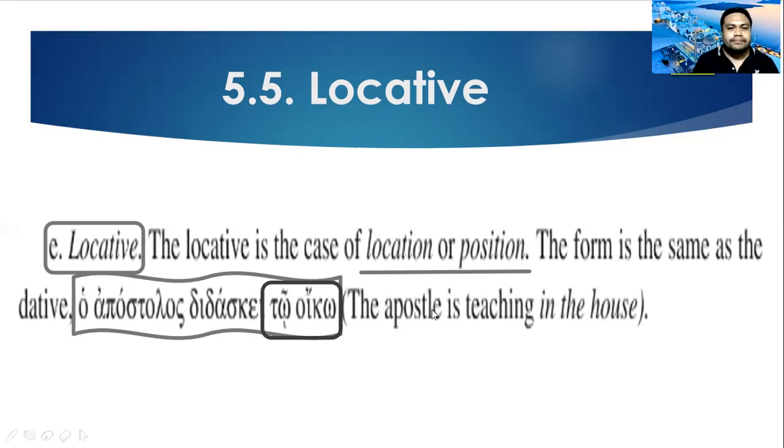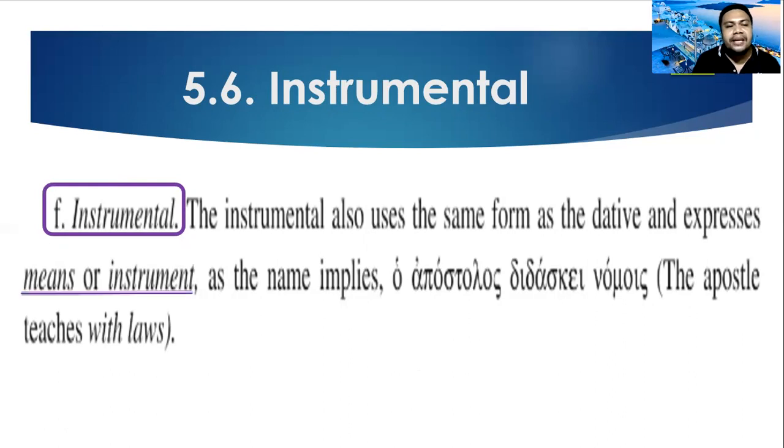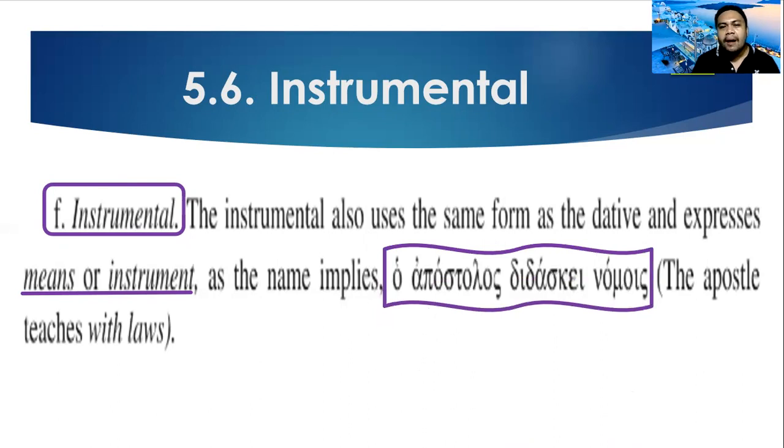Okay. Next one is instrumental. The instrumental also uses the same form as the dative and expresses means or instrument, as the name implies. Very obvious. Let's take a look at the phrase here: Ho apostolos didaskei nomois.